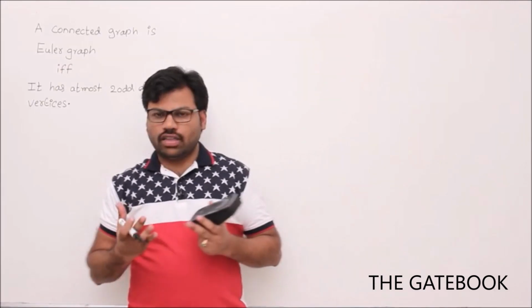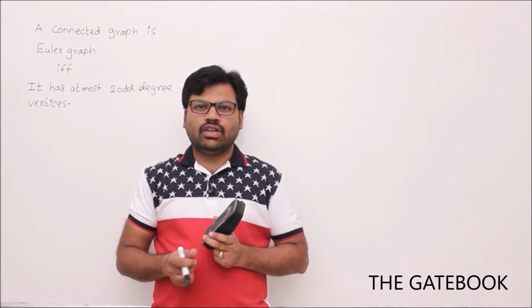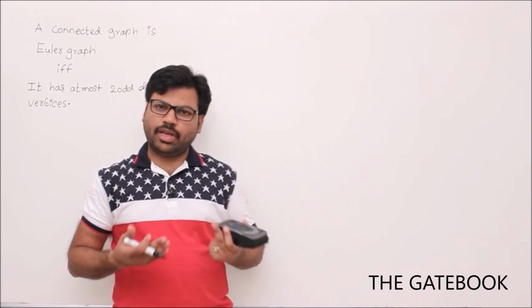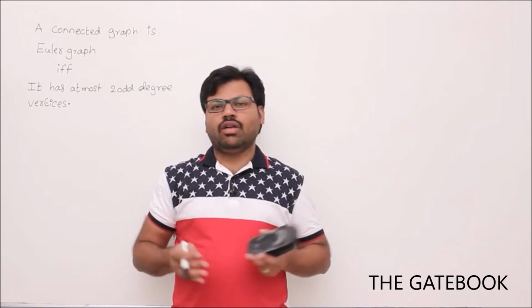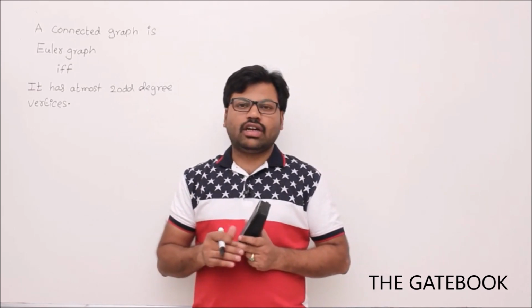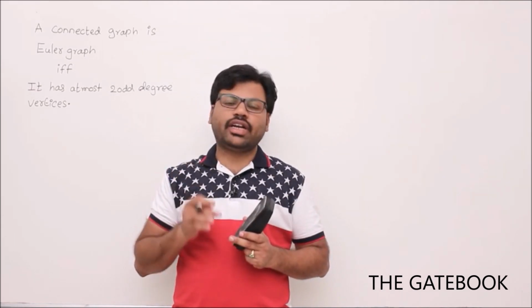Let's consolidate all these things. First, I define what an Euler graph is now. An Euler graph is a graph which has an Euler path. That path may be a circuit, may not be, we don't know, but definitely there is a path. That is about Euler graphs. Now, whenever a graph is an Euler graph, there is a very important observation.